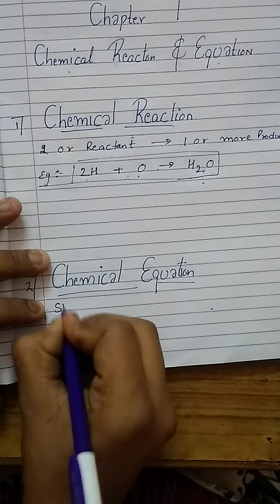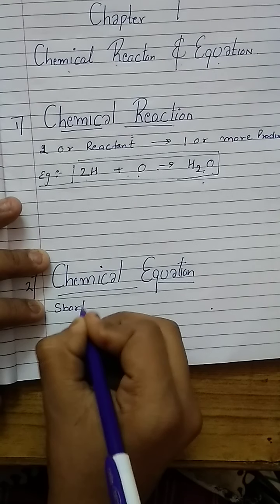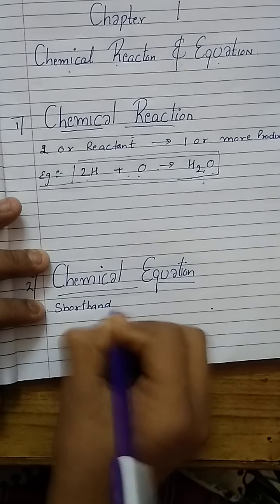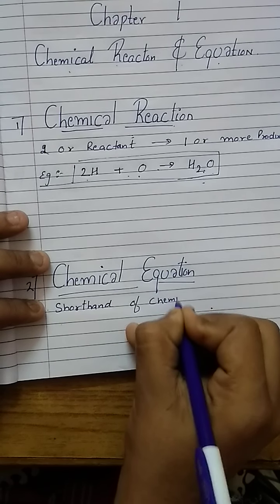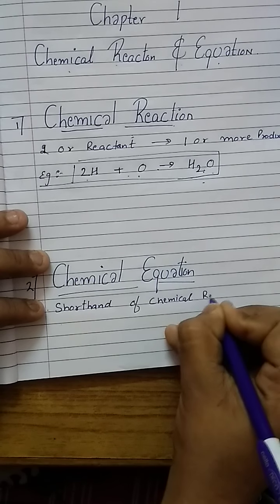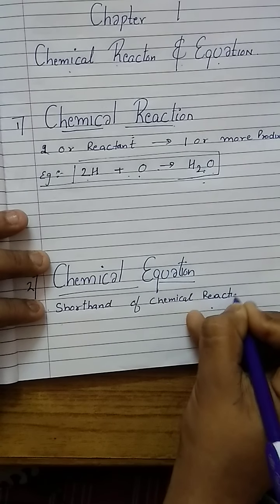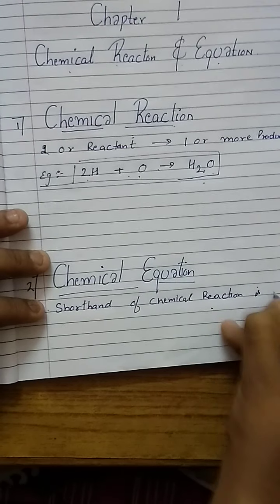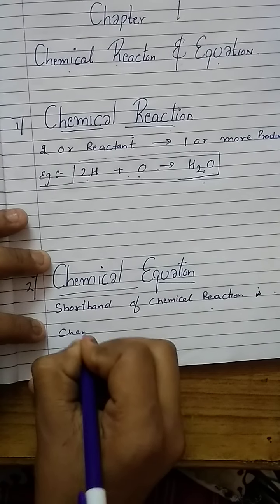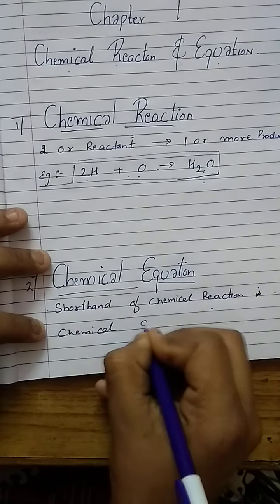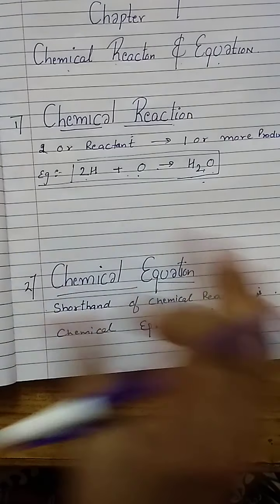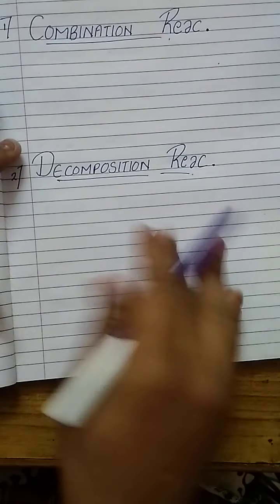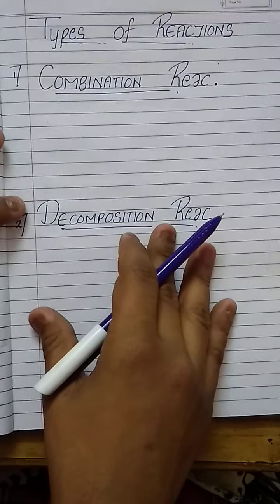Definition: the shorthand of chemical reaction is chemical equation. I hope you are clear with these two topics. In the further discussion, we are going to study about the types of reactions.